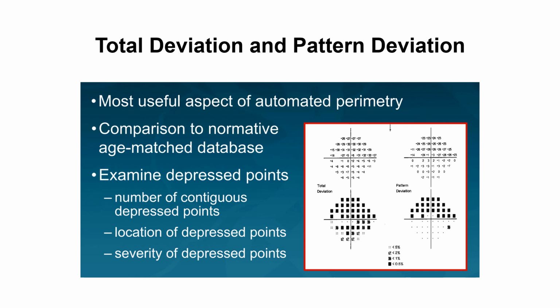You should examine the depressed points: not only that, the number of contiguous depressed points, the location of these depressed points, and the severity of these depressed points. So always, please, take these 3 points into consideration when you see the total and pattern deviation map. You will see first the number of contiguous depressed points, the location of the depressed points, and the severity of these depressed points.